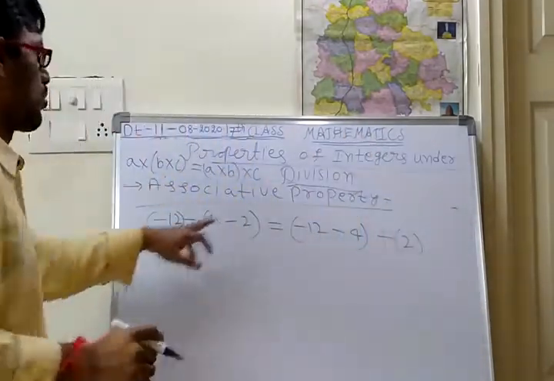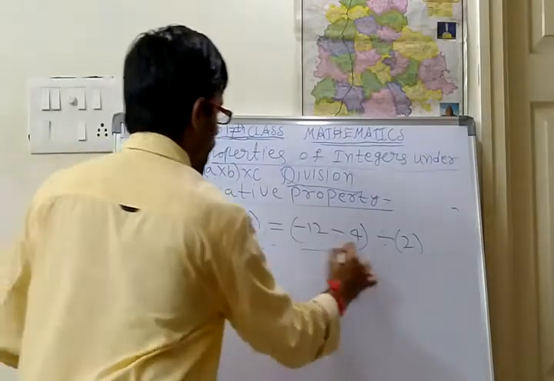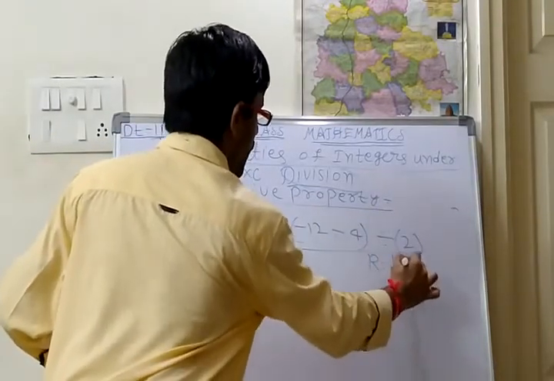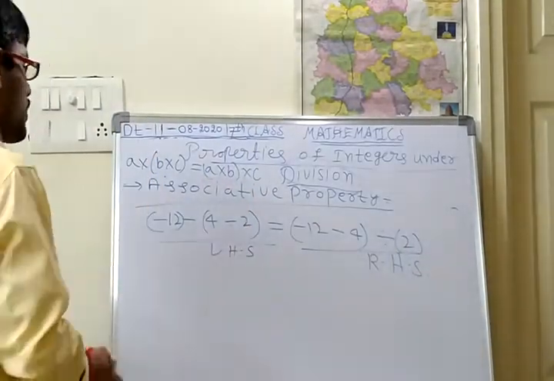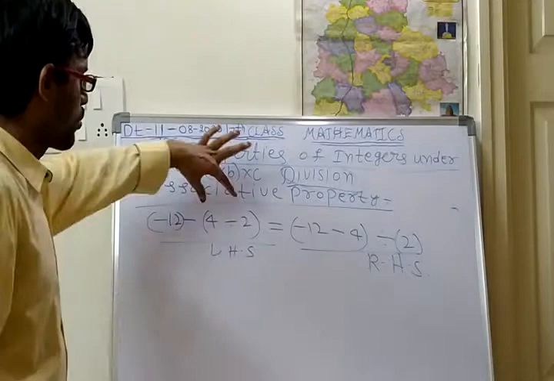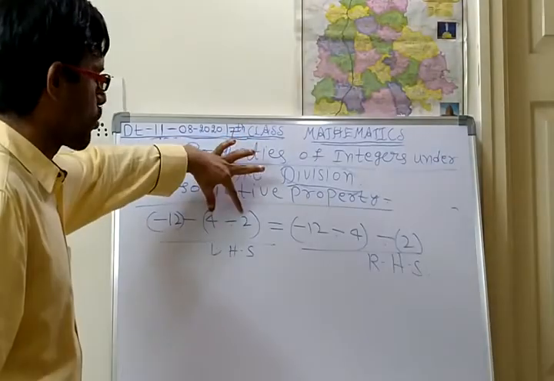These two results, the LHS part and the RHS part, should be equal. Then this associative property is also satisfied. First of all, we have to solve these brackets.